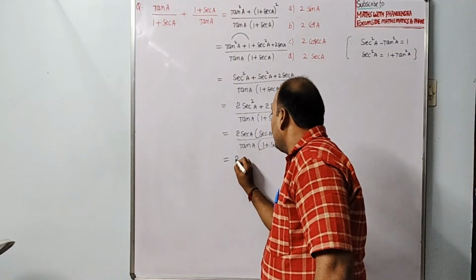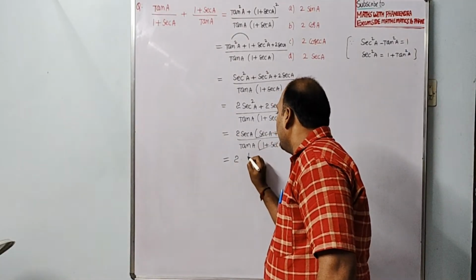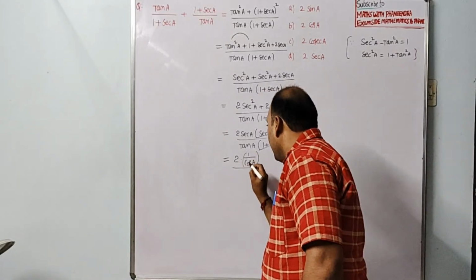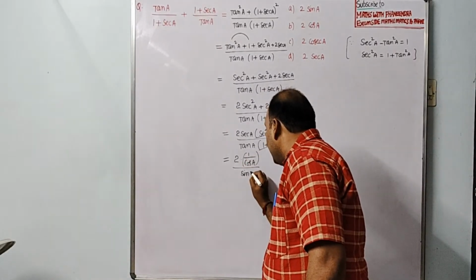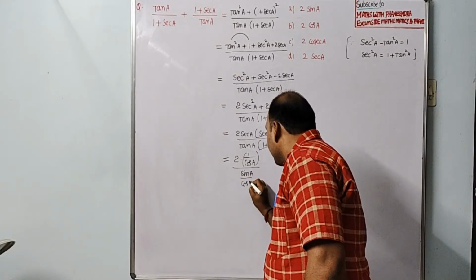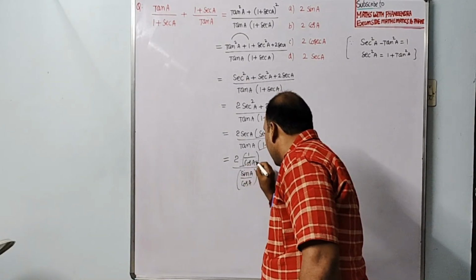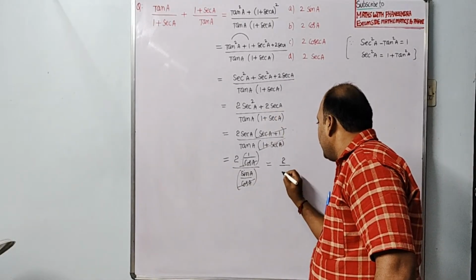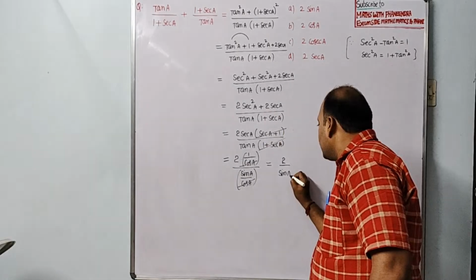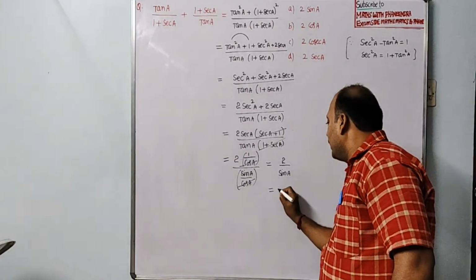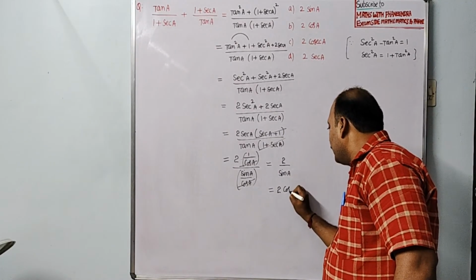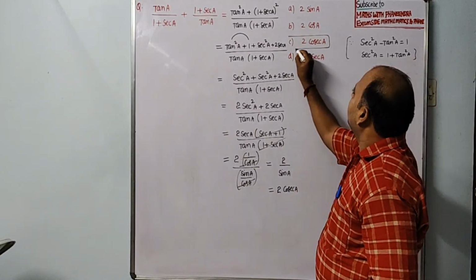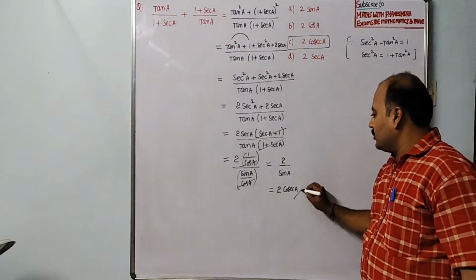So that is equal to 2 into secant A, which can be written as 1 by cos A, divided by tan A, which can be written as sin A by cos A. So here cos A, here cos A get cancelled, which is equal to 2 divided by sin A. Reciprocal of sine is cosecant, so 2 into cosecant A. So 2 into cosecant A is there in the third option, dear students.